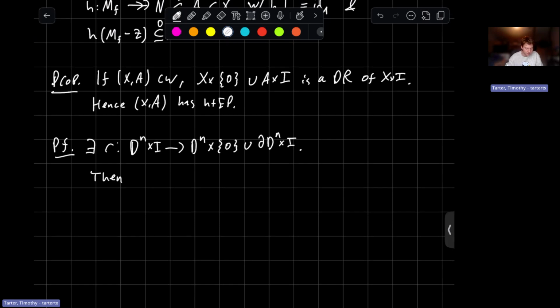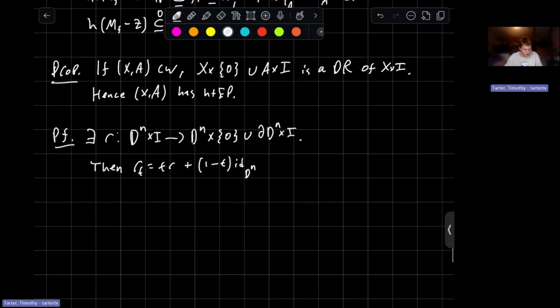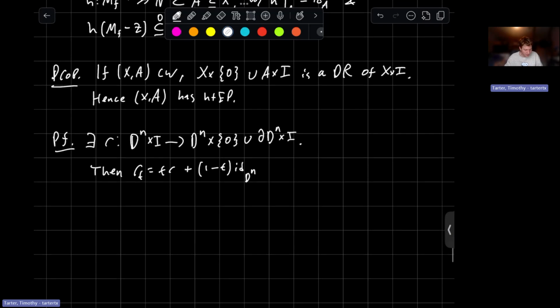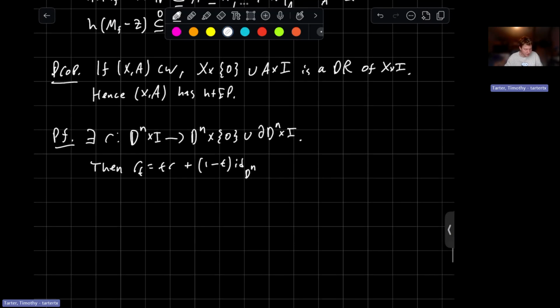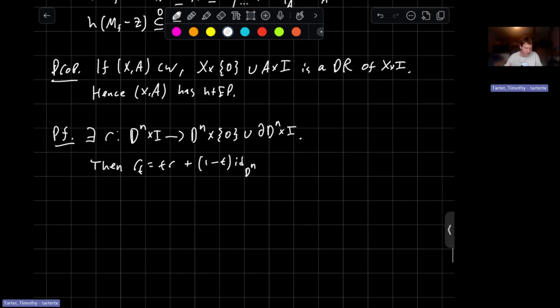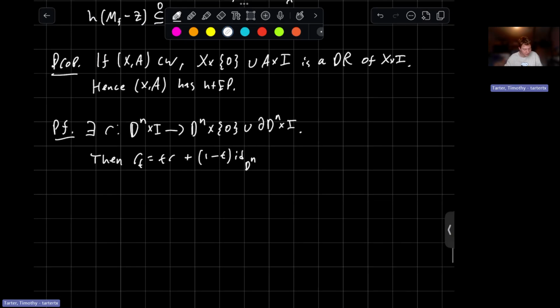Okay, then r_t is equal to t r plus (1 minus t) identity on D^n. This gives a deformation retraction.